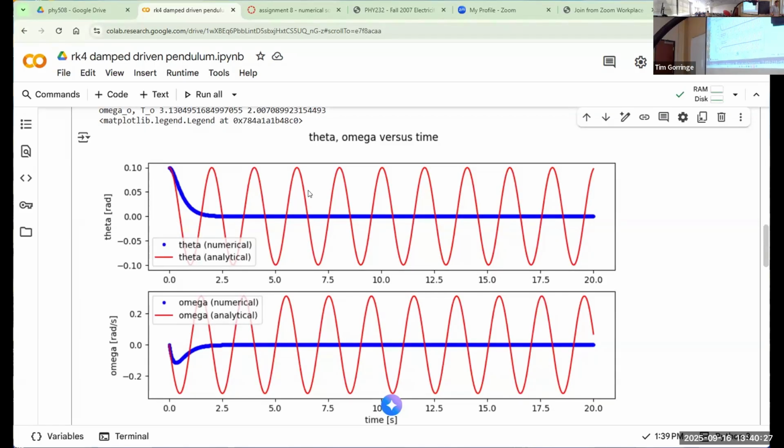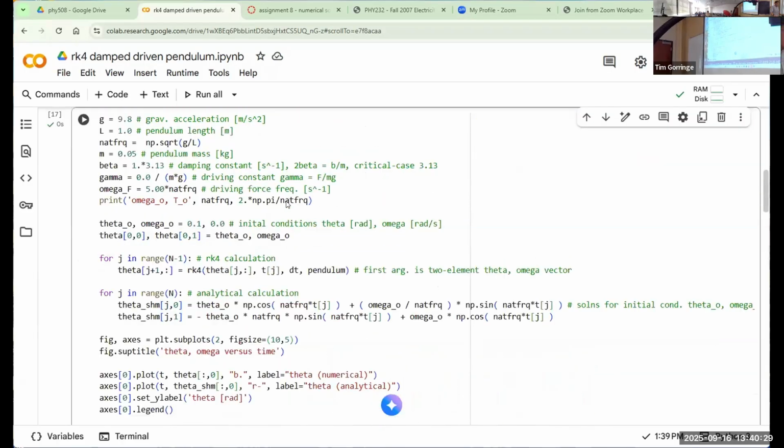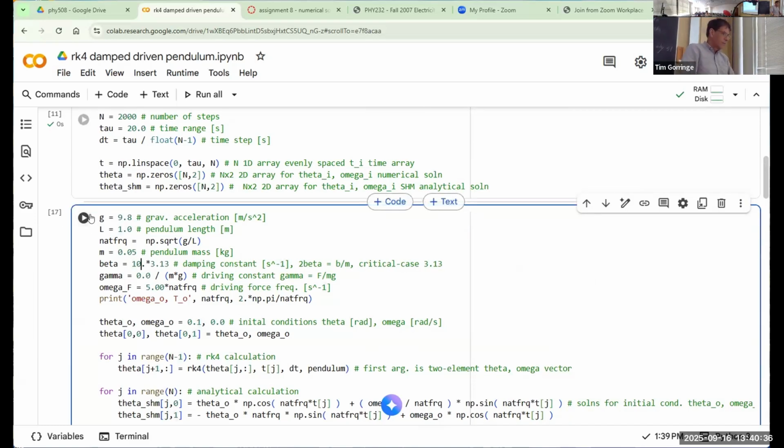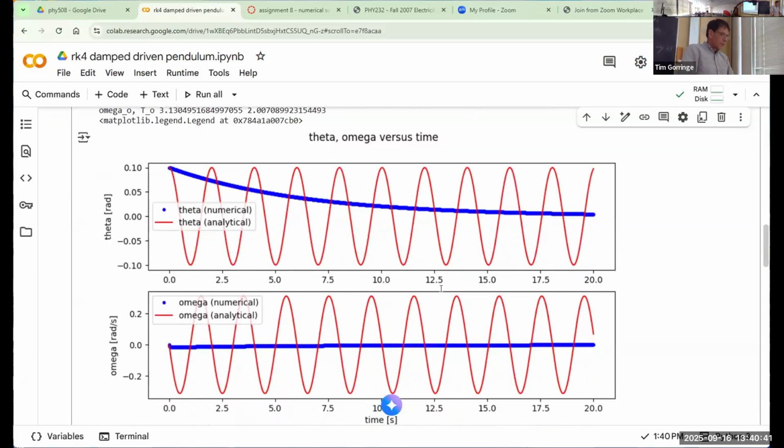If I made the damping larger, so that's critical damping, no oscillations. If I made it 10, what's the effect of doing that? Well, here's 10. The pendulum moves very, very slowly back towards the equilibrium point. The angular velocity of the pendulum is always very, very small.